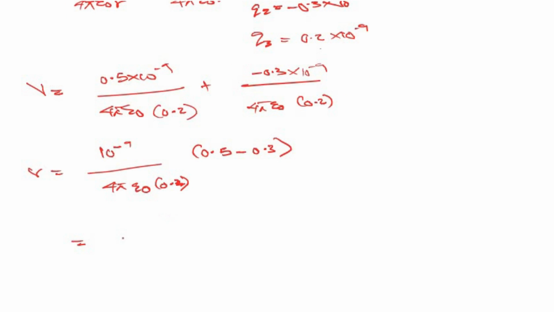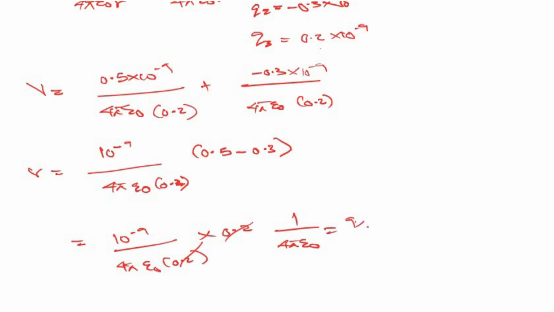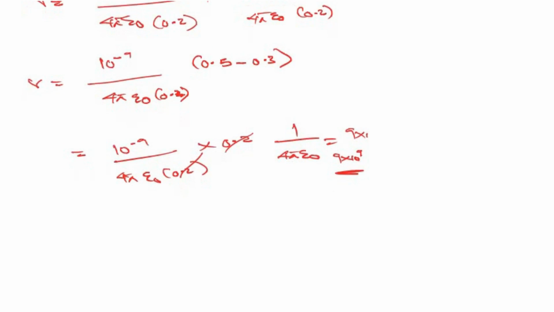So we are having 10 raised to the power of minus 9 all over 4 pi epsilon naught times 0.2 multiplied by 0.2, so this 0.2 can cancel 0.2. This 1 over 4 pi epsilon naught is the same thing as 9 times 10 raised to the power of 9, because epsilon naught is 8.85 times 10 raised to the power of minus 12.